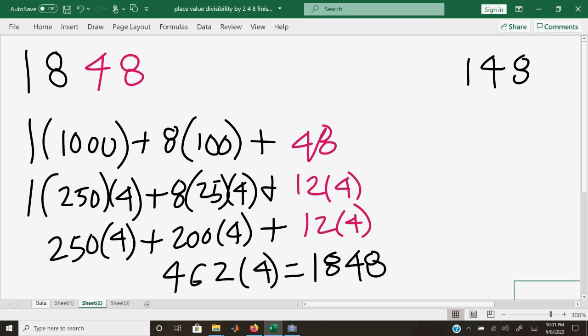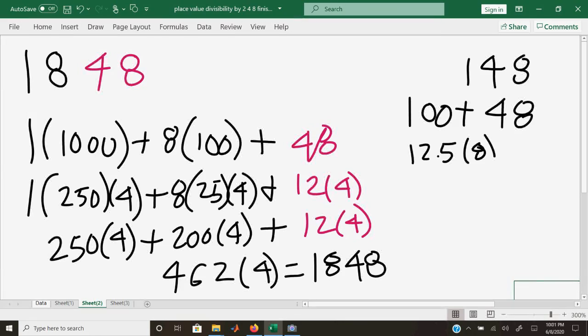If I try to divide that by 8, if I take my 848 and put it in the calculator, even though the last two digits are divisible by 8, 6 times 8 is 48, if I try to take my 100 and call it something times 8, I end up with 12.5 times 8 plus 6 times 8.